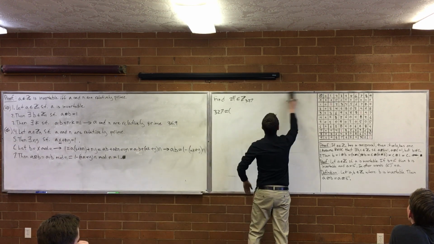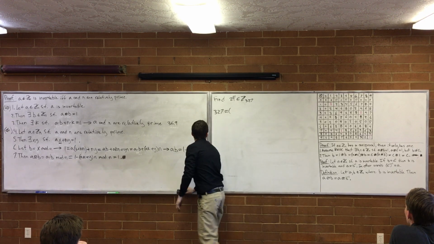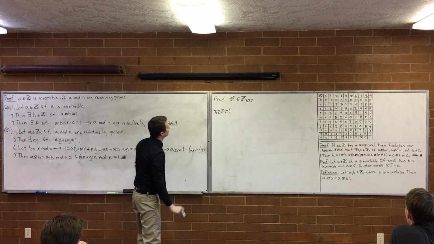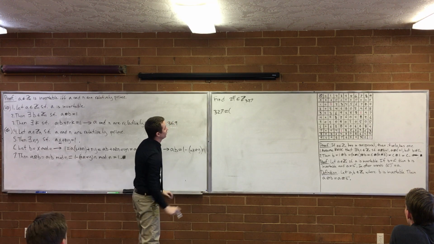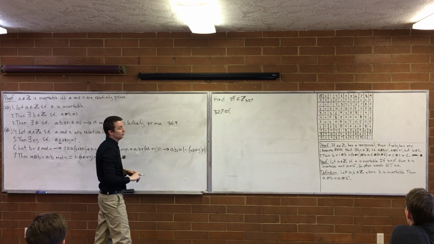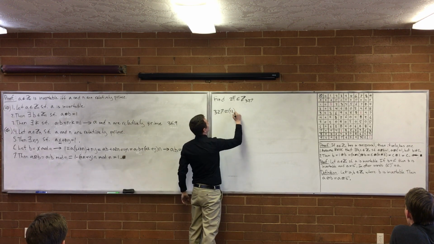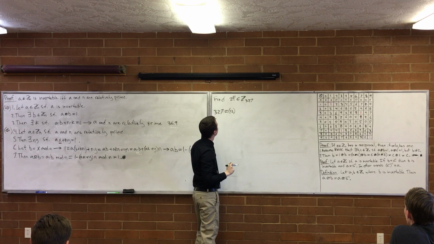So let's do Euclid's. How many times does 29 go into 327? Guessing 12 times, maybe 11.